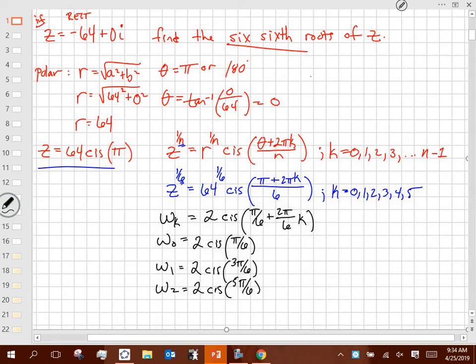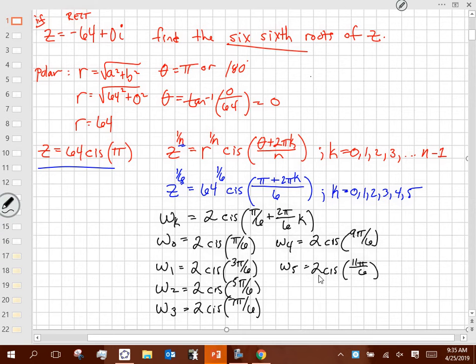So instead of just blindly substituting and evaluating this argument every single time for different k values, be intelligent about it and say, okay, I'm just going to write all this stuff, 2 cis the same, but now the next one, add 2 pi over 6. Add 2 to the numerator. The next one, w sub 4, will be 2 cis 9 pi over 6. And w sub 5 will be 2 cis 11 pi over 6.